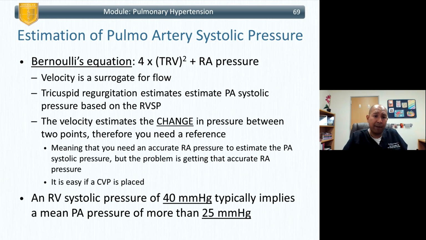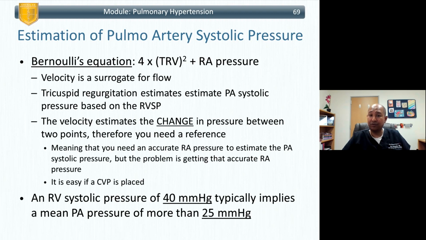So when we talk about how we get that rough estimate of whether this patient is at high risk for developing pulmonary hypertension, we use Bernoulli's equation. Bernoulli's equation, one-dimensionally, is going to be 4 times the tricuspid velocity squared. So you have to have some tricuspid regurgitation.